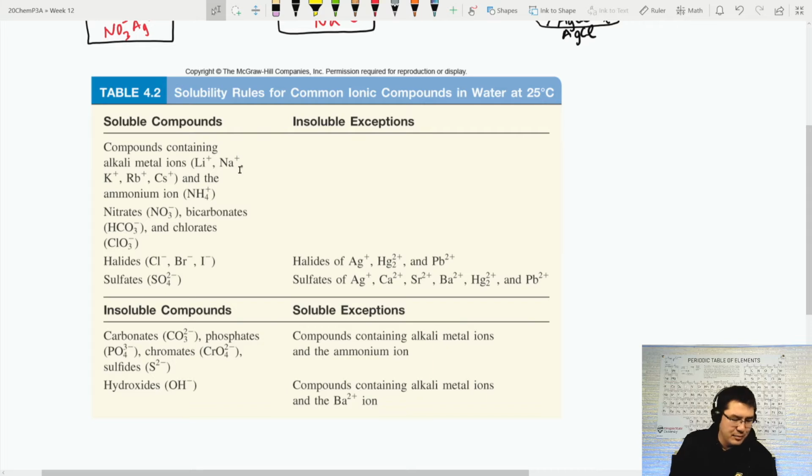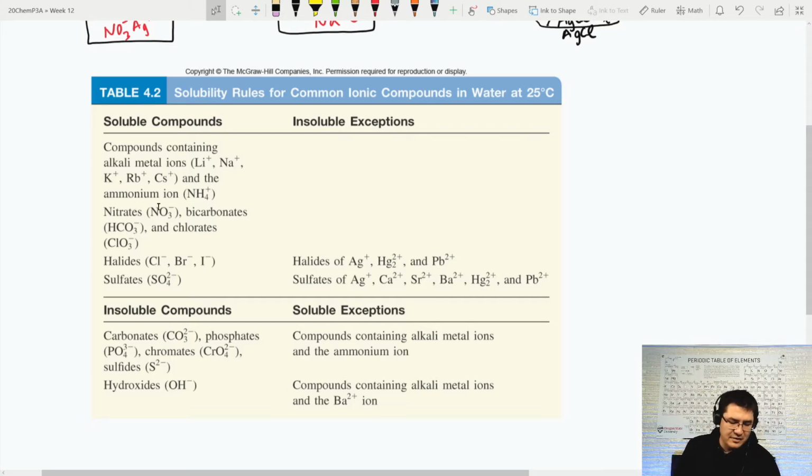So anything that can partner with sodium, lithium, potassium, rubidium, cesium, and ammonium, like say for example sodium chloride or sodium nitrate, or maybe we have potassium chloride or potassium sulfate, or anything containing one of these metals or the ammonium ion are soluble, and there's no insoluble exceptions.